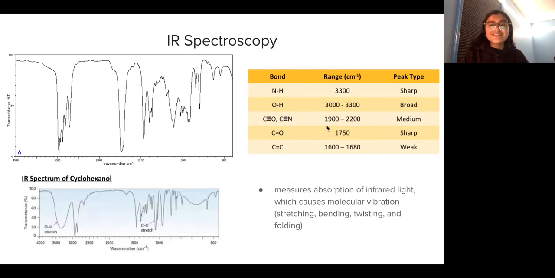The main thing is you can memorize what the range of certain bonds would mean, so you can identify certain structures, certain bonds, or characteristics of a molecule, like whether it might be a carbonyl, and what kind of peak that would look like. So that's why I have this little table. This was all I really memorized. I think having a few committed to memory is really useful for IR spectroscopy problems.